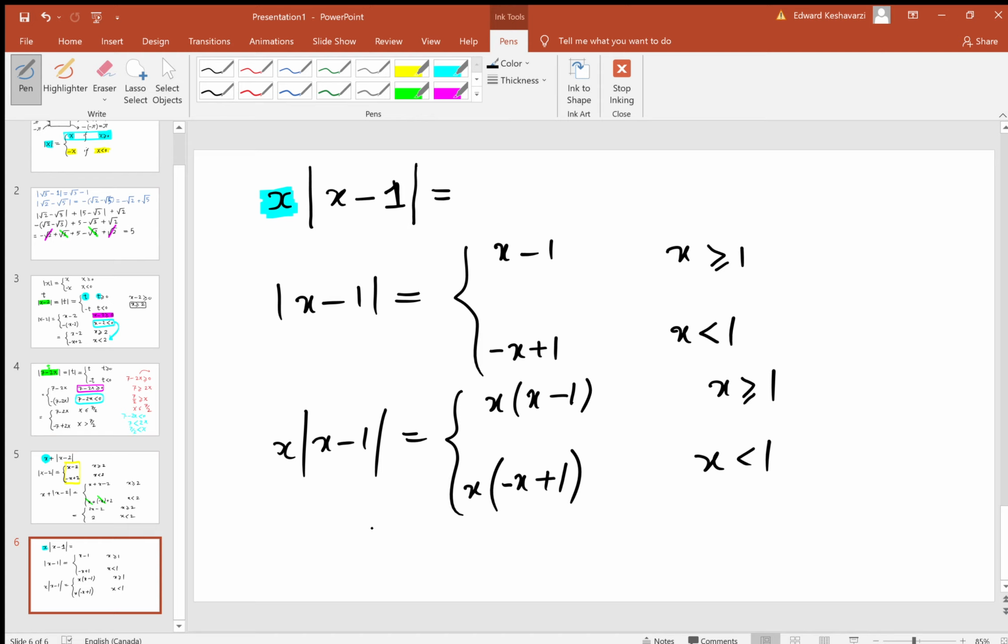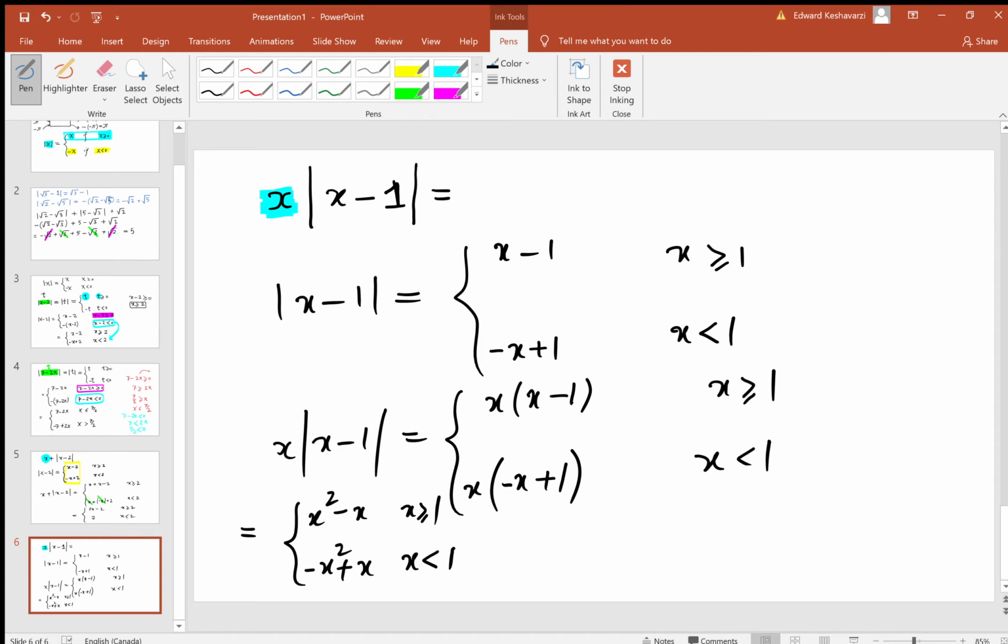Even though that's done, we can apply distributive law and multiply it in. So it becomes x squared minus x for x larger than or equal to 1, and negative x squared plus x for x less than 1.